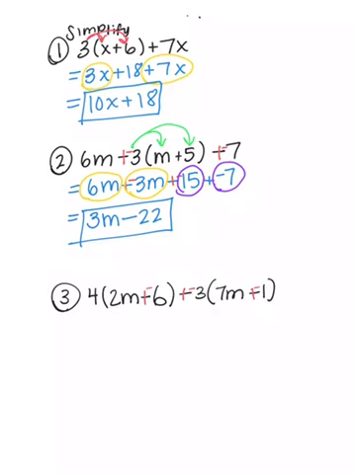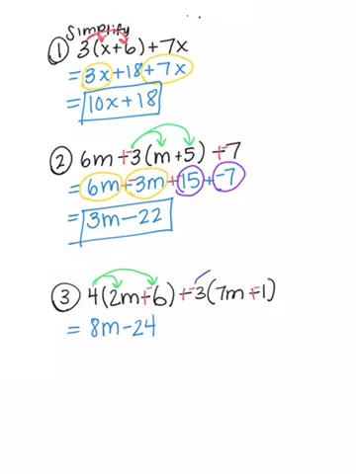The first place that I'm distributing is I'm distributing this 4 to only the two terms in the parenthesis that it's in front of. So 4 times 2m would give me positive 8m. Then I have 4 times a negative 6, which would give me negative 24. And then I'm moving over to my second set of parentheses. And in this set, what I'm distributing is a negative 3.